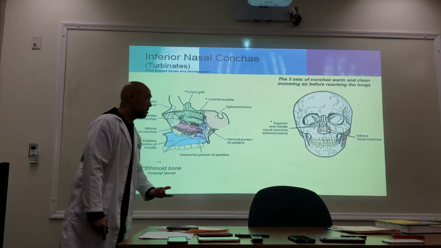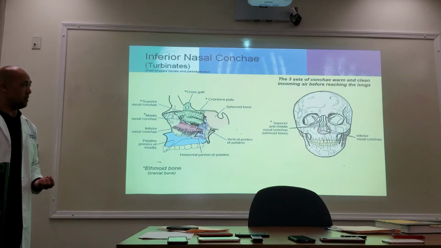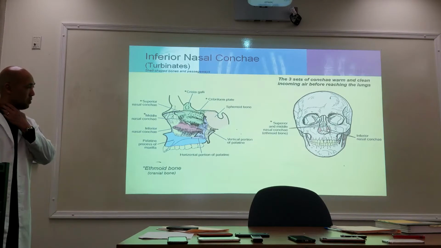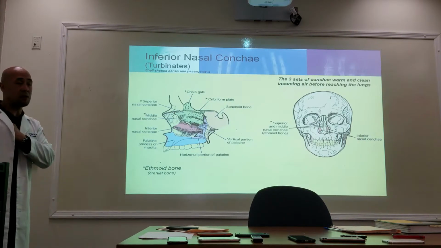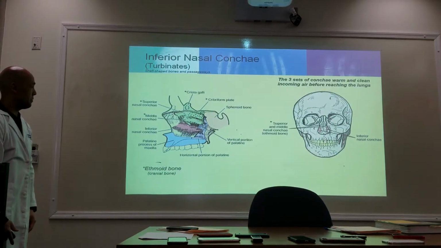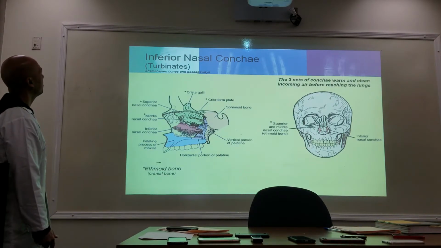The inferior nasal conchae is part of the facial bones. Okay? So superior and middle is formed by the ethmoid, while the inferior is part of the facial bones. Inferior nasal conchae, turbinate, shell-shaped bone.